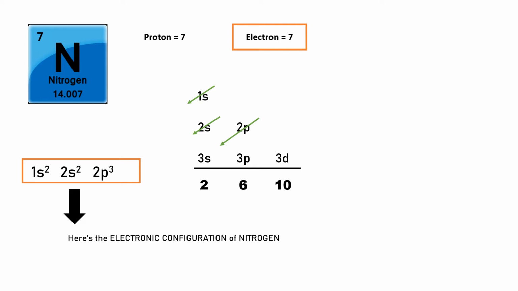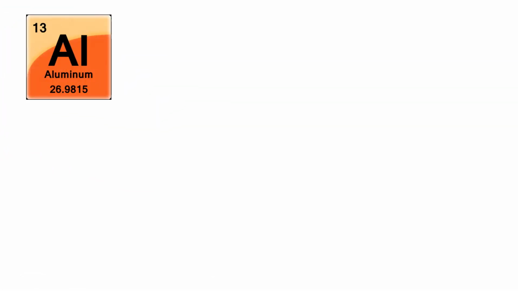As easy as that. See? It's easy, right? So let us have another example: the element aluminum, with the symbol Al. From the atomic number 13, the protons are 13 and the electrons are 13. But we are focusing on the number of electrons, which is 13.